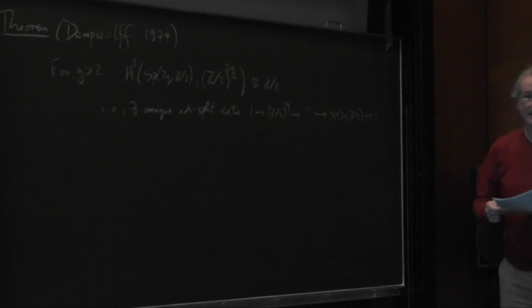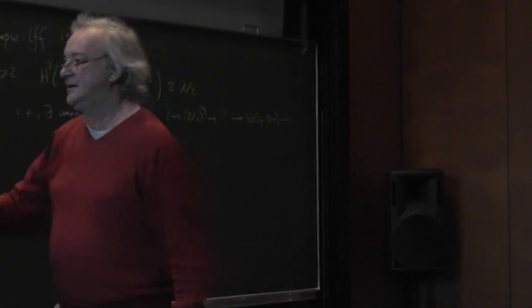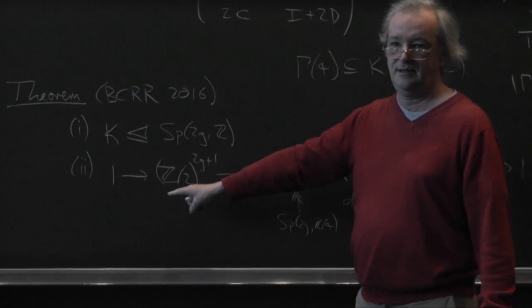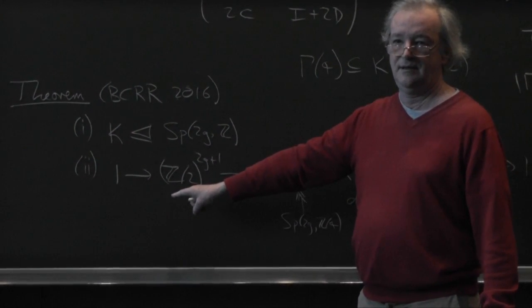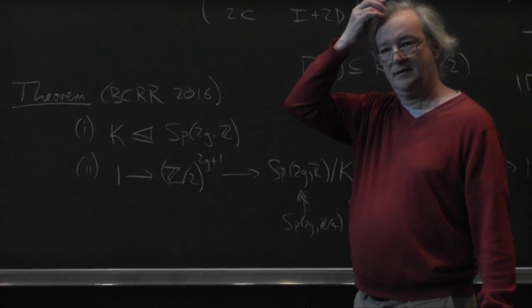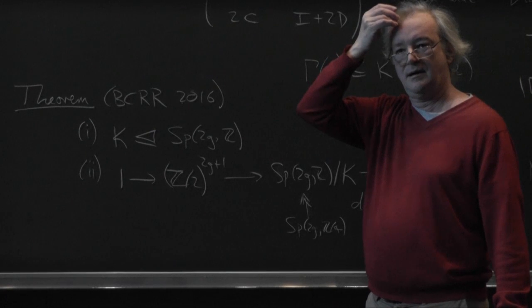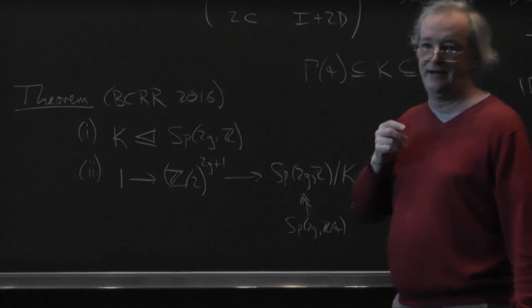Is this Z mod 2 to the power 2G plus 1? Is that something like the space of affine forms on the space of Arf invariants? There's an affine space, right, of dimension. Yeah, I think that's exactly right.